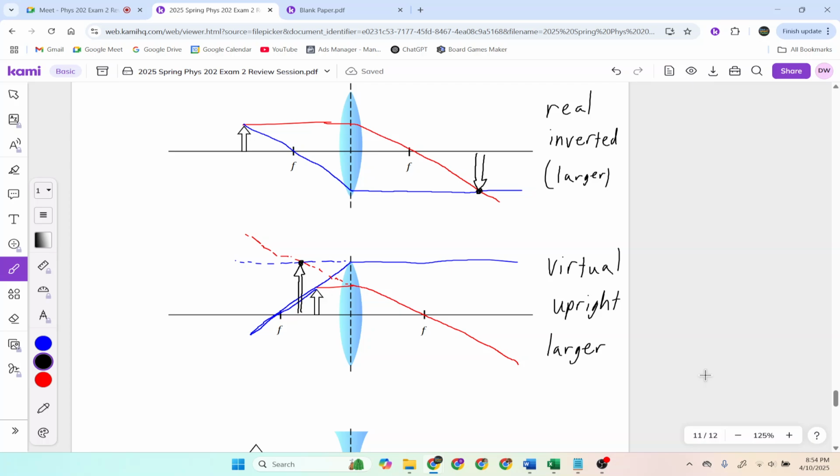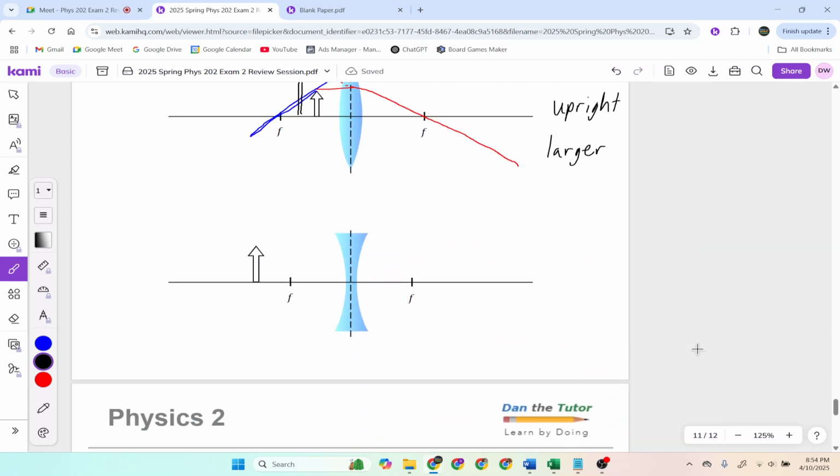Any questions? Okay. Then the last one, the diverging lens. Watch how I do this, okay? I go straight, and then I bend through the left F. I have to switch. Notice because I'm on the same side, I went to a dotted line.